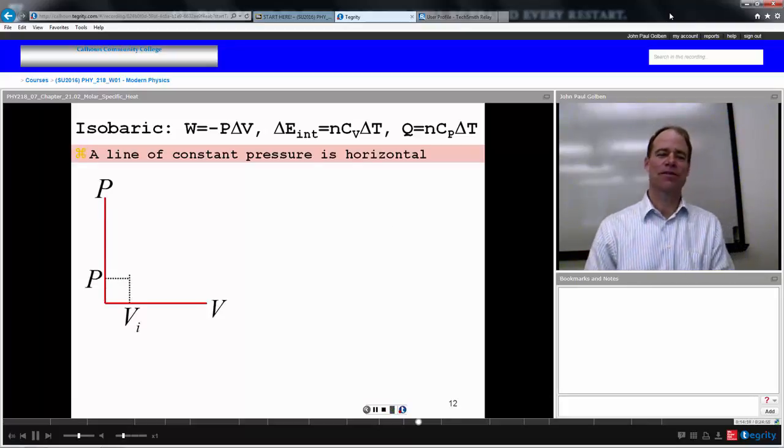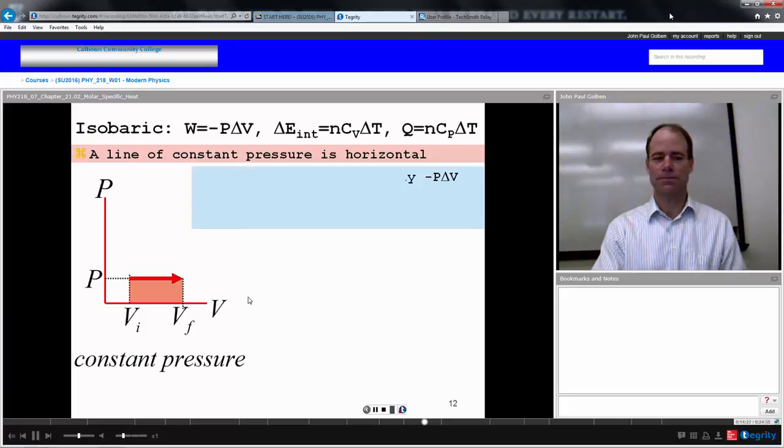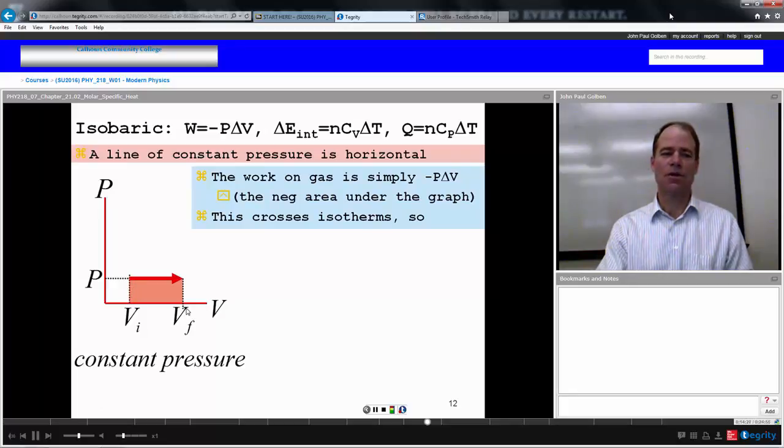So here's our PV diagram. At constant pressure, the area underneath this graph is equal to the negative work done. And as we're going from initial to final volume, we're actually going to cross isotherms. So we're going to change our internal energy state.